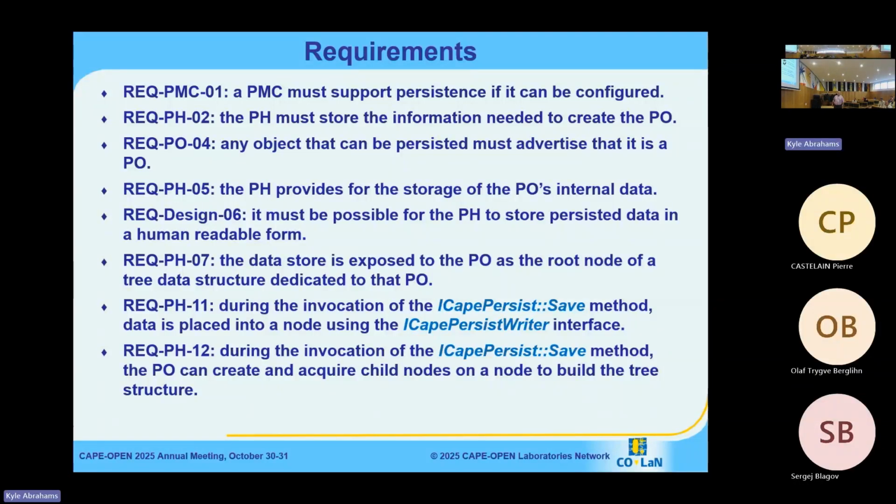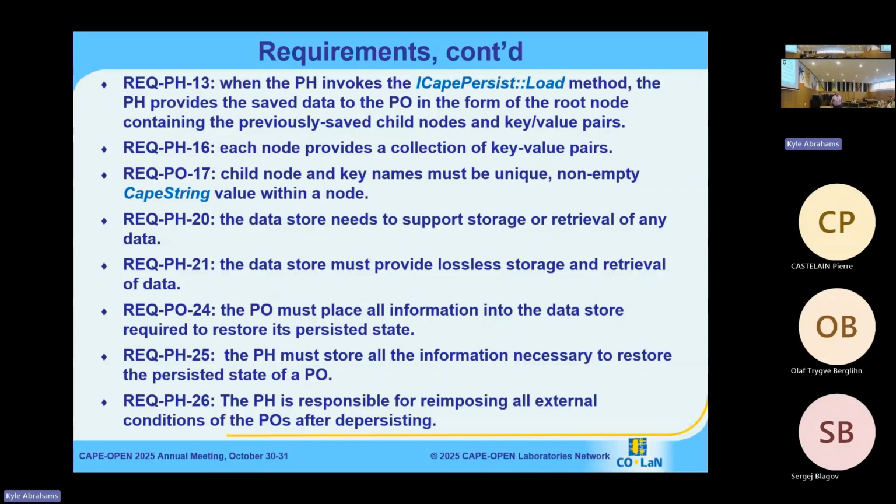The save method is used to place the data using a persistence writer, and then in the save method, the persistible object can create and acquire child nodes to build a tree structure, those types of things. On the load method, it describes how the information is passed back.